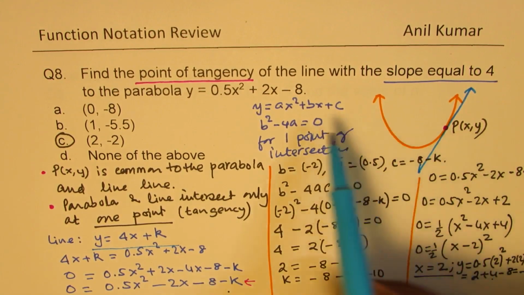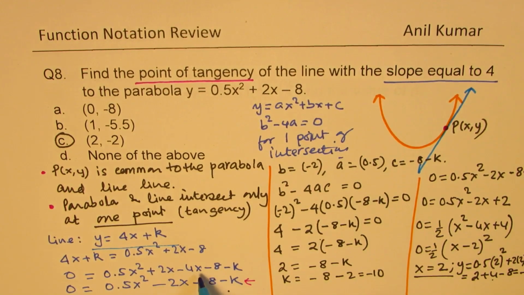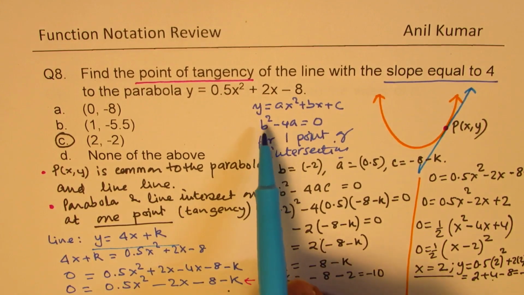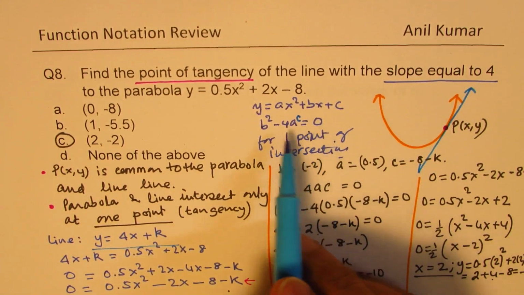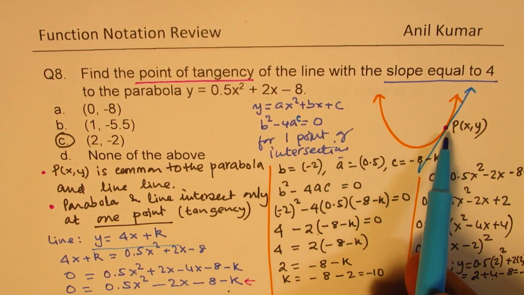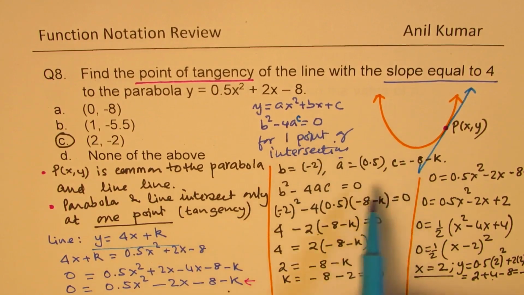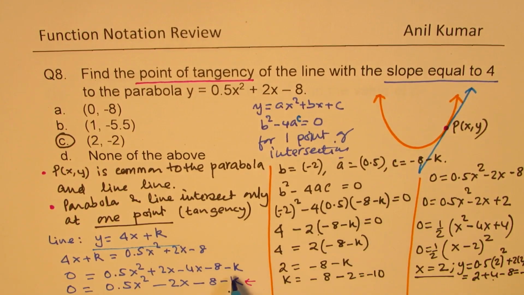So, equating the y values, we get a quadratic equation, and this quadratic equation should satisfy the condition b square minus 4ac equals to 0. Only then we have only one point of tangency, right? Since this is 0, substituting that, we could solve for a value of k. Substituting k back into our equation, we got the value of x. It's kind of tricky. So I hope you've understood all the steps.